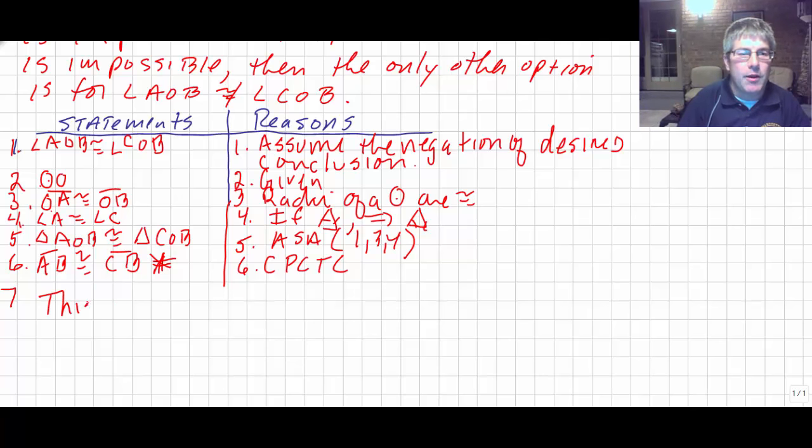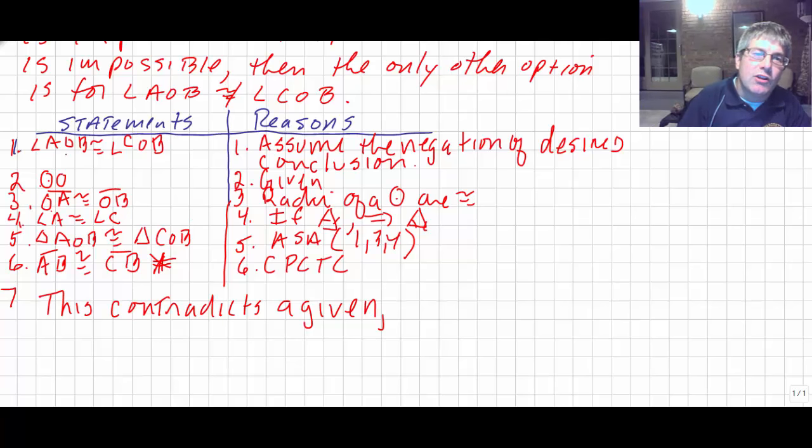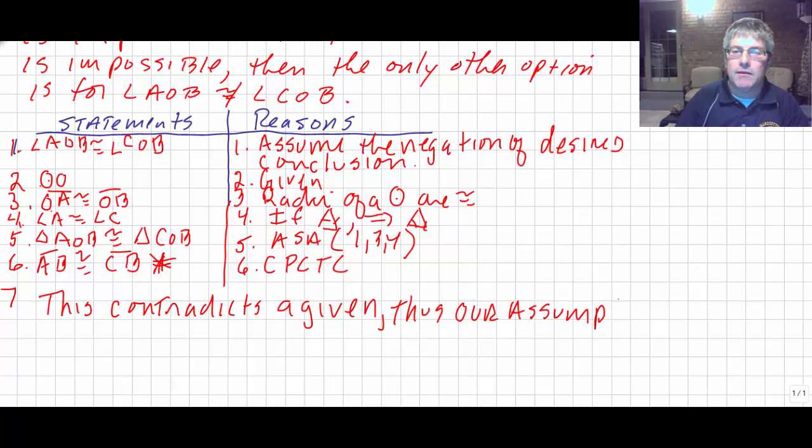And I can just do this in paragraph form. This contradicts a given. Well, that must mean that our original assumption, what we started with, has to be false. So our assumption, back in step 1, and you don't have to write this, but that's what it is.